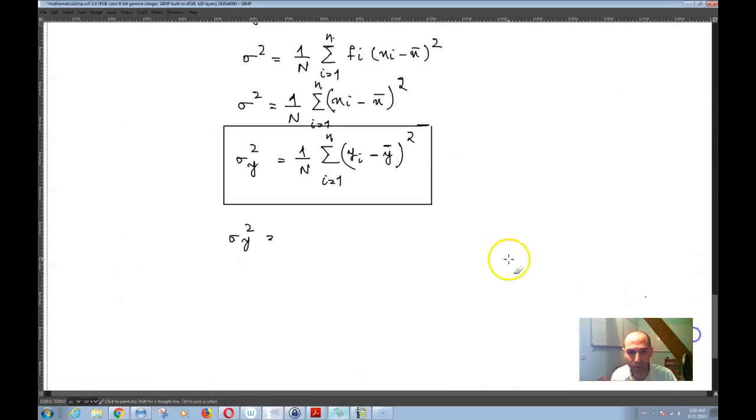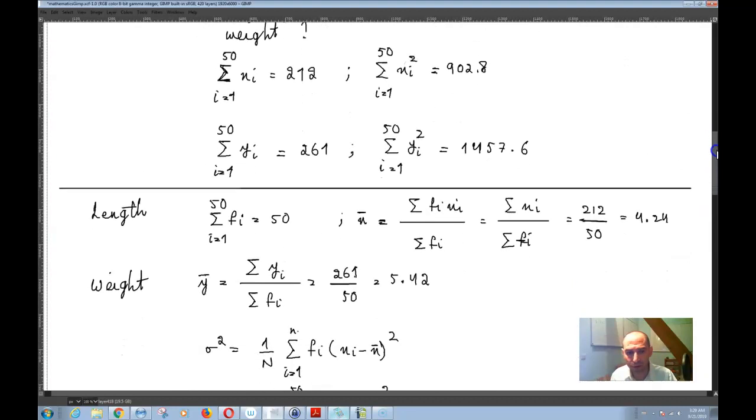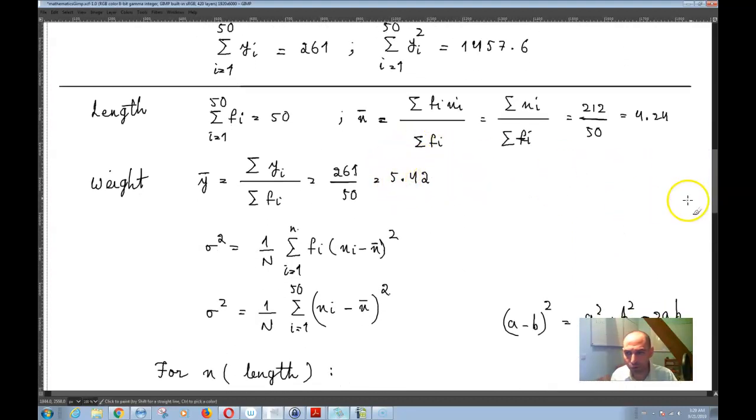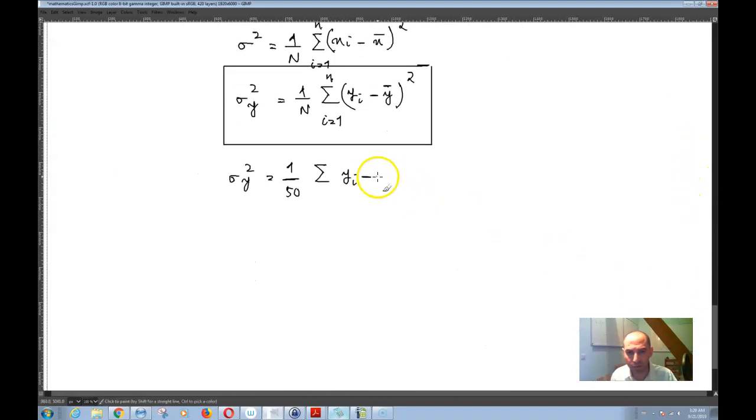So I need to calculate 1 over 50 sigma of y of i minus y bar. Now in the case of y, the y bar was 5.42, 5.42 all squared as i goes from 1 to 50. That is how you can calculate the variance related to variable y.